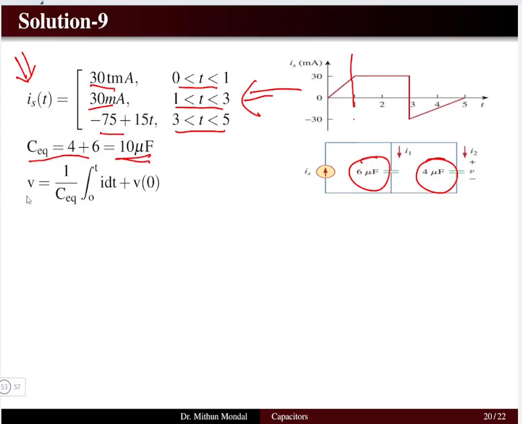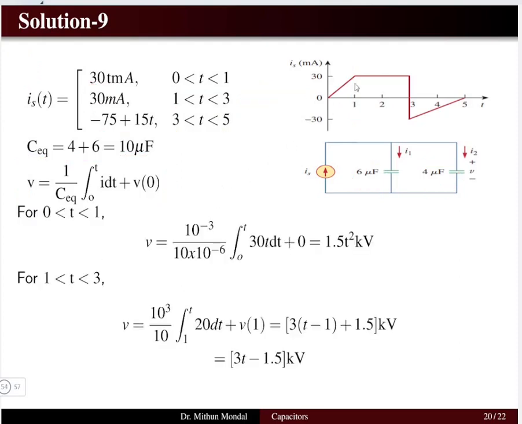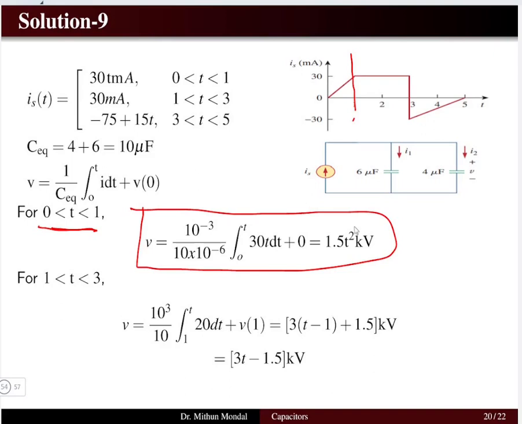Now the voltage equation we know is 1 by C equivalent integral of the current with the initial voltage V of 0. So first we'll take from 0 to 1 second, what is the voltage? So we will find the voltage as 1.5 into t square kilovolt.